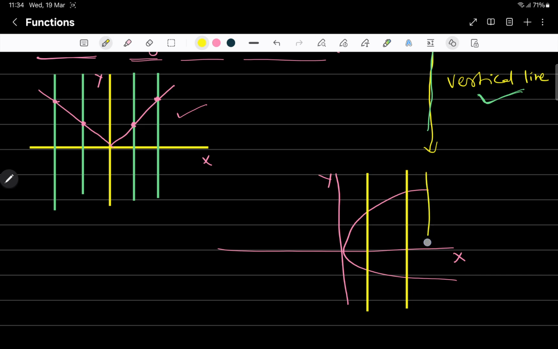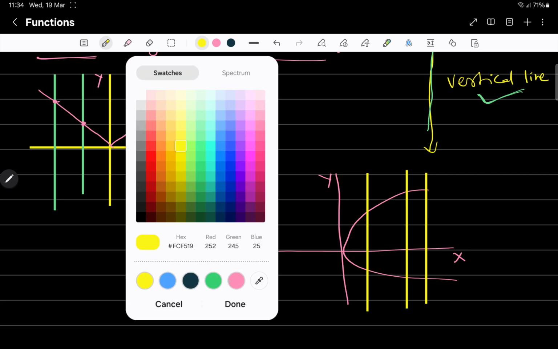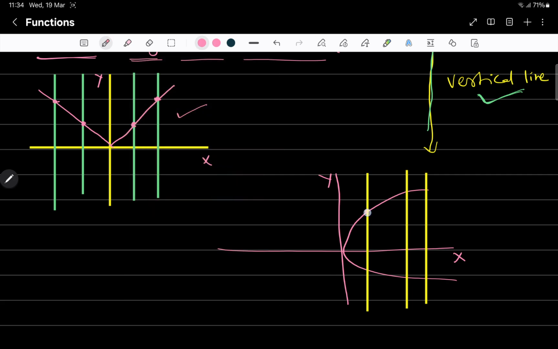If you draw anywhere, then see how many places it is crossing. Here and here, 2 places. Here and here. So the vertical line crossing the graph at 2 places. That's why this is not a function.